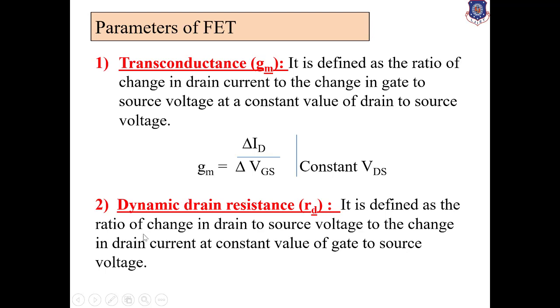That means, students, drain to source voltage, VDS, and drain current, ID. But what is kept constant? Gate to source voltage. So VGS will be constant.